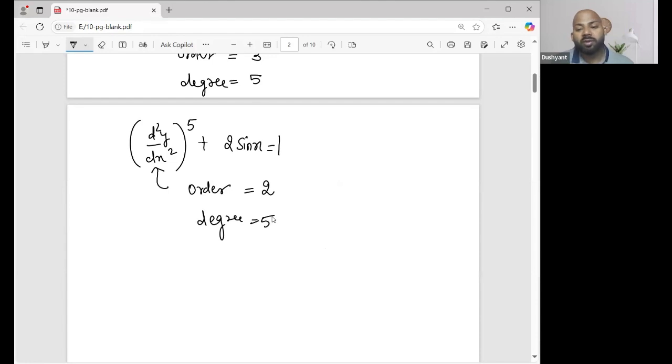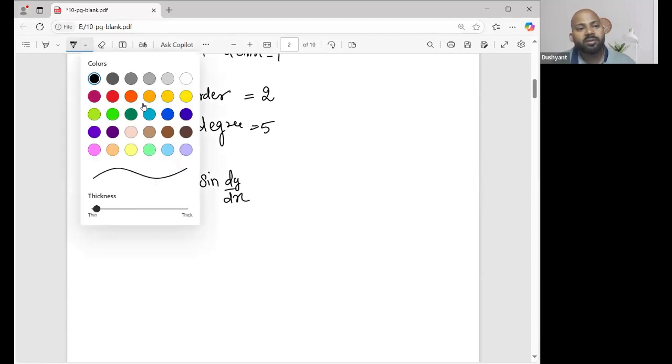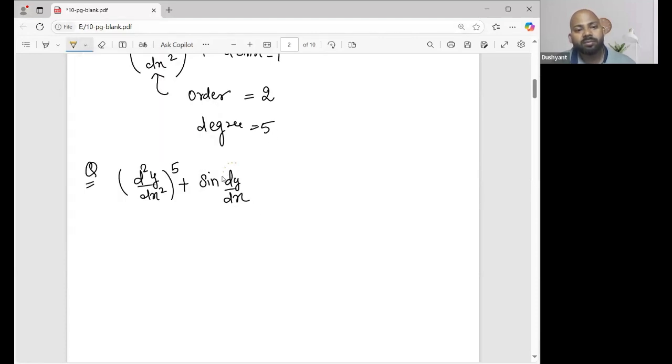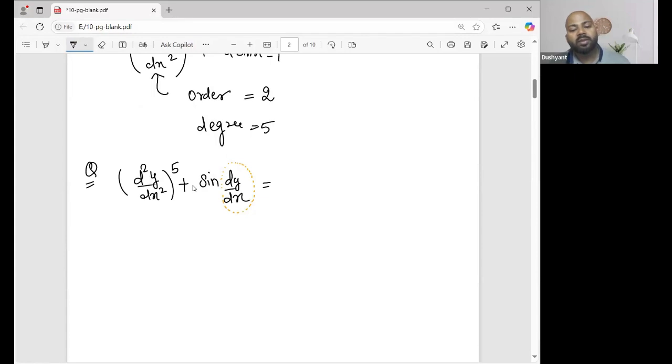Now some rules are there. Next, let's suppose I have del square y over dx square plus sine of dy over dx equals dy over dx, and its power, let's take 6.